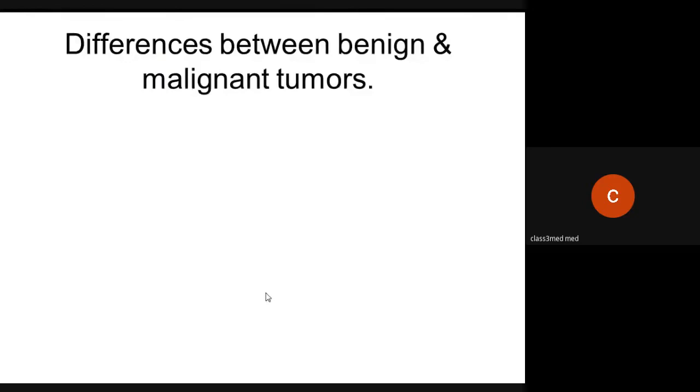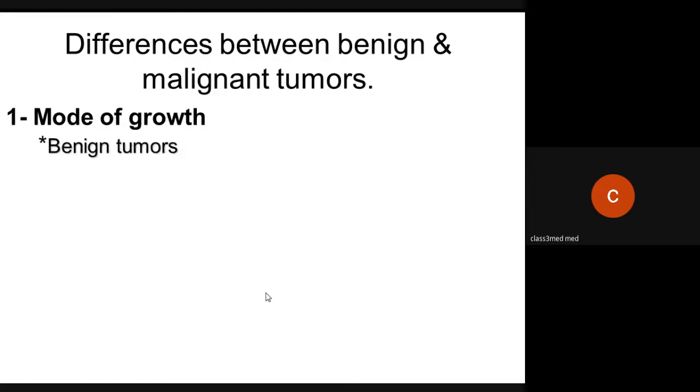Now, what are the differences between benign and malignant tumors? First is the mode of growth. Benign tumors grow by expansion.